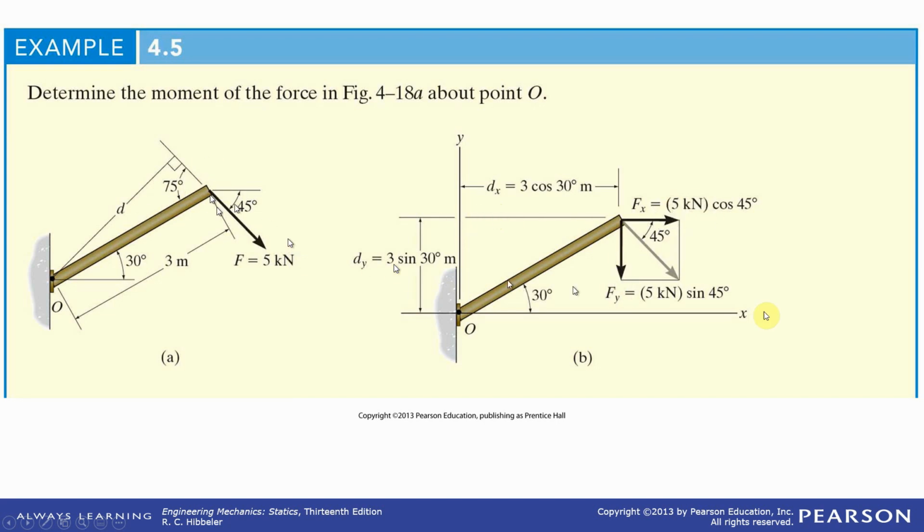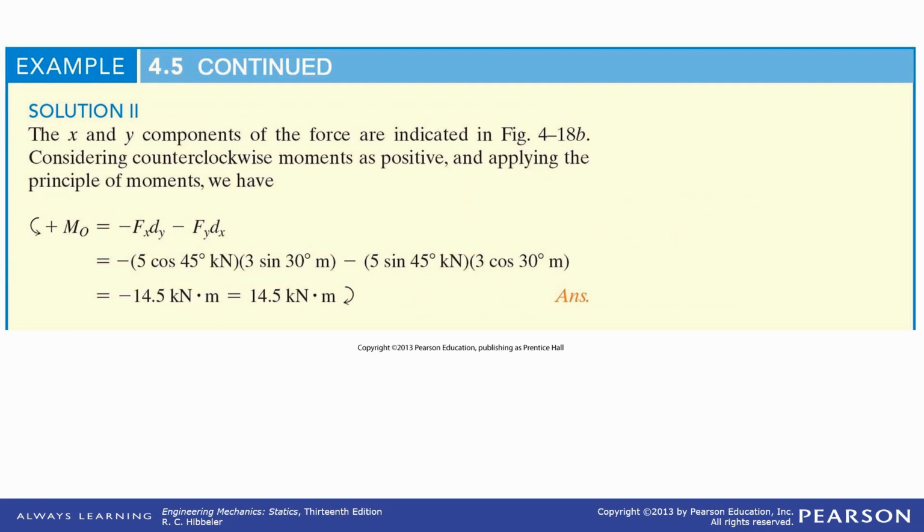We've broken down this one force into two. So we've got fy times dx, giving us a negative moment because it's clockwise. Fx times dy, negative moment because it's clockwise. So we can look at it that way, which is solution 2. Same answer.